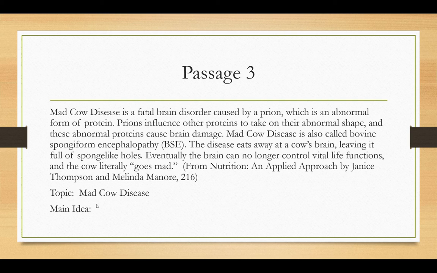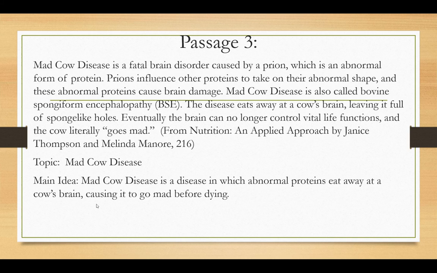But what is the main idea that we are trying to take away from this passage? Perhaps the main idea could be mad cow disease is a disease in which abnormal proteins eat away at a cow's brain, causing it to go mad before dying. So we've given the main idea of what mad cow disease is and what it does to the cow.